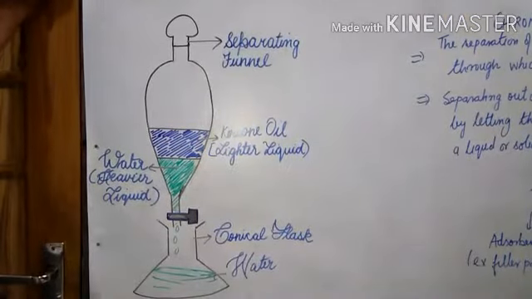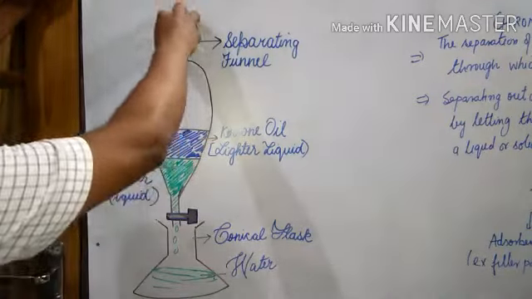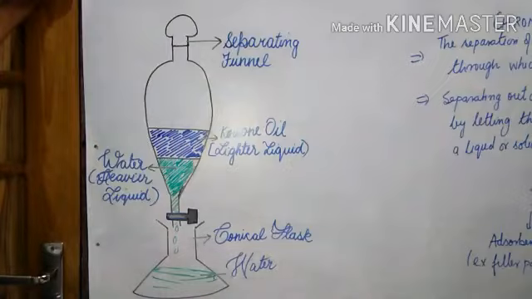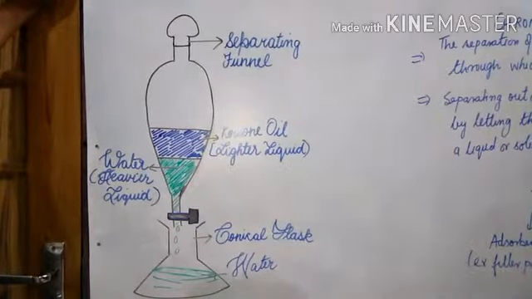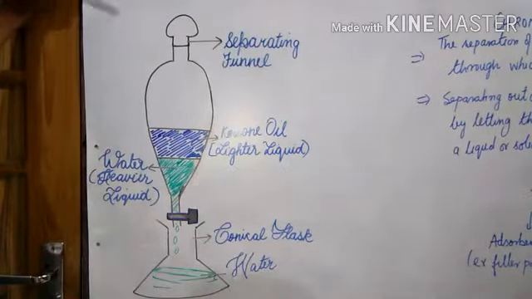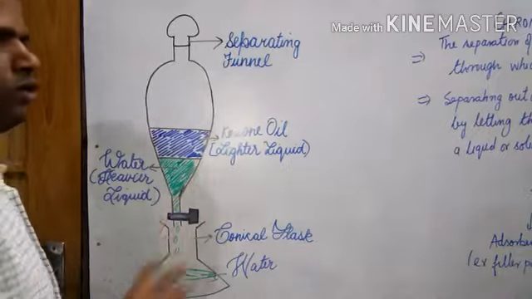Before you, as it's also given in the book, we have the diagram of the separating funnel. We have the apparatus, we close the opening, and through it we pour the mixture. Here before you we have taken kerosene oil and water.